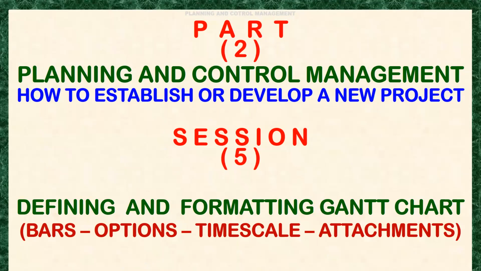Today, I am happy to introduce to you part 2, session 5 of our exercise. And this time, we have 4 segments of defining and formatting Gantt charts to take up, which includes Gantt chart bars, Gantt chart options, Gantt chart timescale, and Gantt chart attachments.